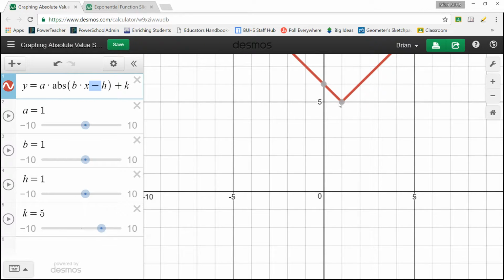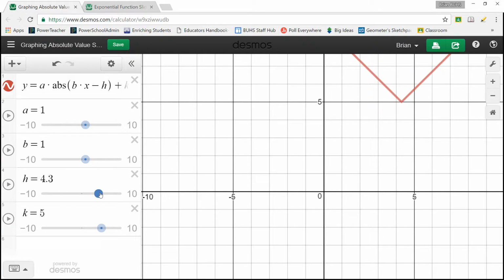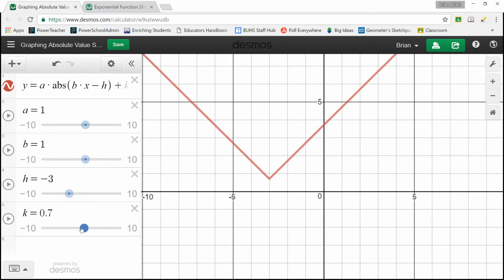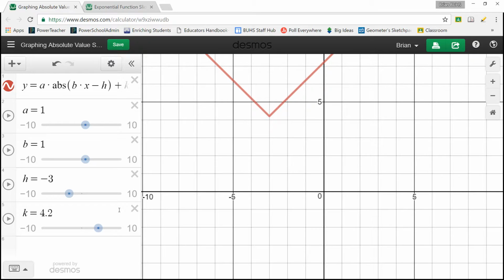It shifts it horizontally, but according to the function, it actually would have been a -1. So the h, when I'm adding or subtracting something to the x, it's horizontal. And when I'm adding or subtracting something after everything else has happened, it's a vertical transformation. So that's what we've seen before.